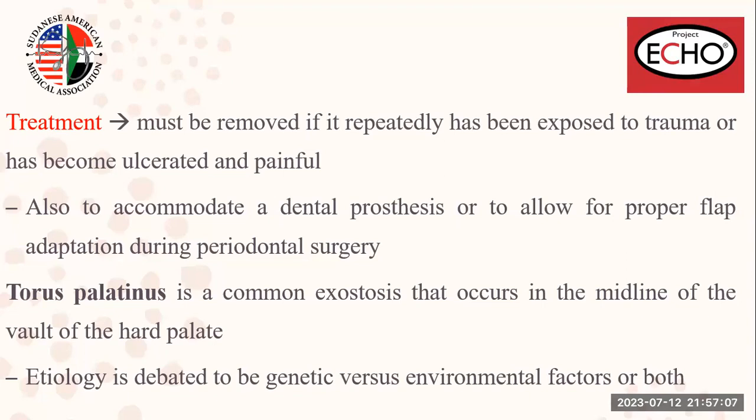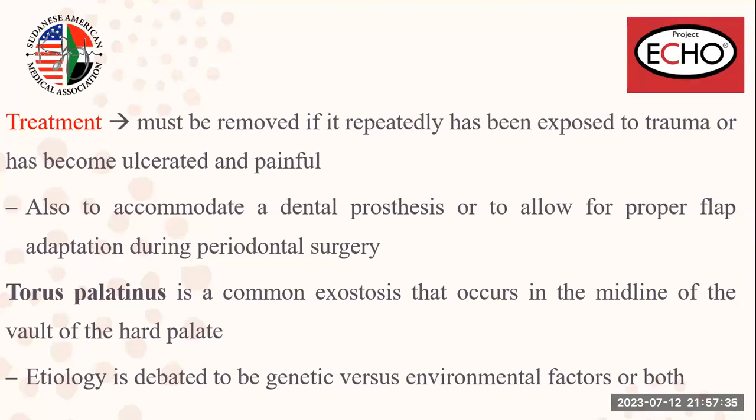Now let's talk a little bit about tori. So tori, starting with torus palatinus, these are common exostosis. They are, again, exostosis, very similar in structure and typical of the exostosis, but they occur in the midline of the vault of the hard palate, and that's why they have a different name.